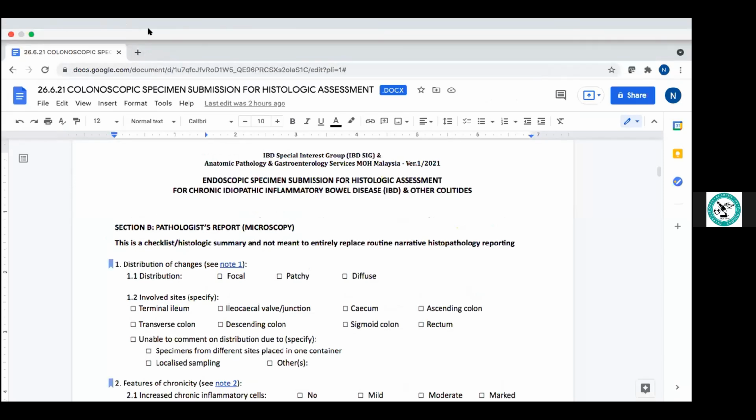Our second last question from Dr. Siti Zarkah. Salam Datin, do we need to routinely do PAS and Ziehl-Neelsen stains for all suspected cases of IBD? For IBD, no, I don't. I do PAS and ZN if I see intermediate size or large granulomas.